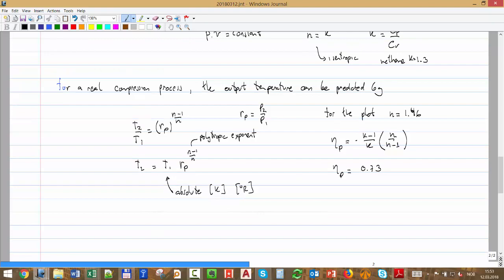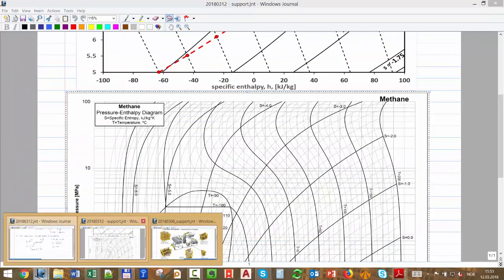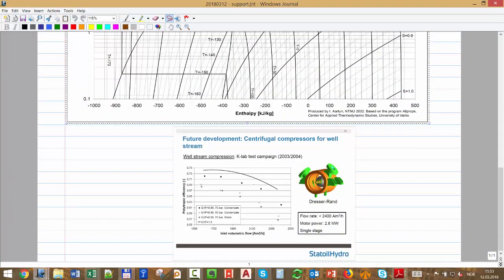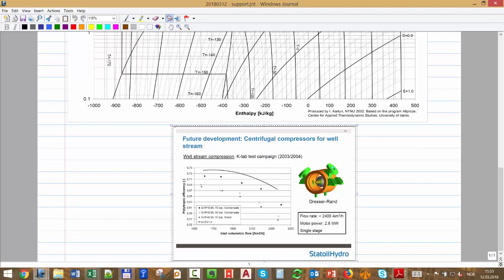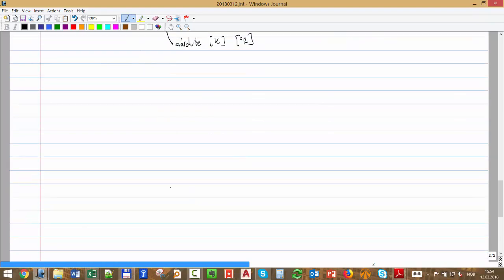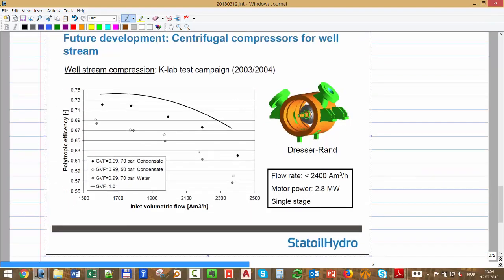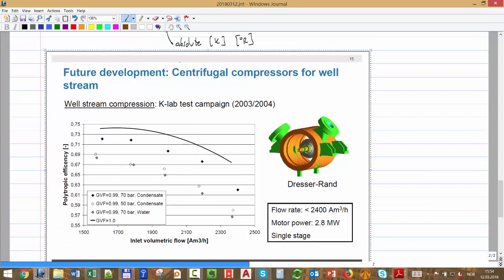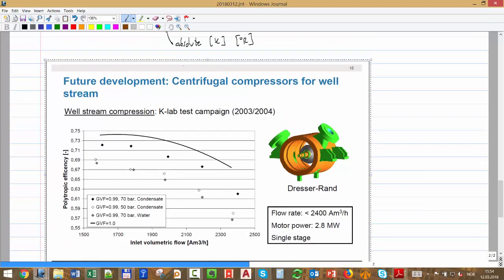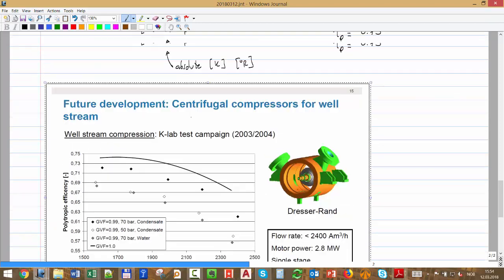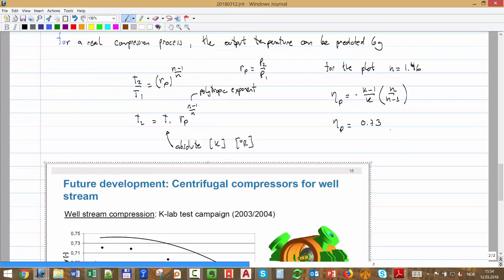I can show you where I got it from, but basically it's from an old presentation from Statoil where they were testing, and they put that number. You have here the measured efficiency value from the experimental campaign for Oscar. I'm just taking that value, but you can use any value that comes from the manufacturer.